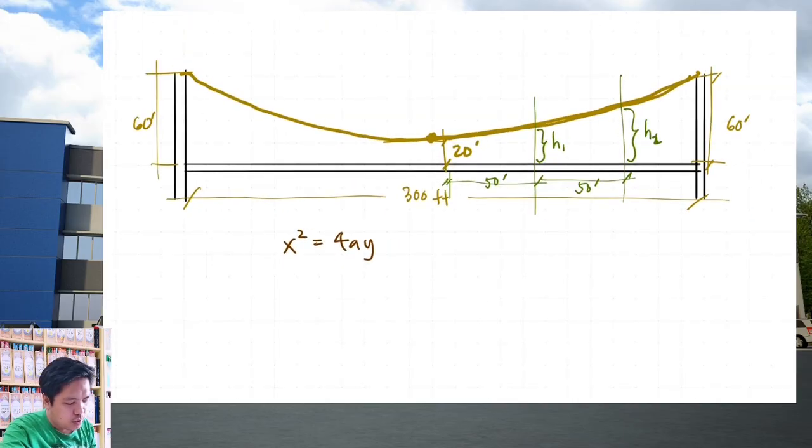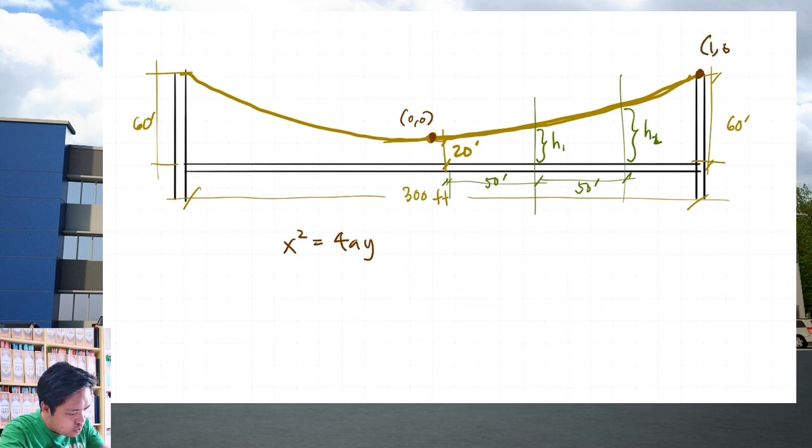So, how do we compute now the equation of the parabola? Siyempre, ang gagawin natin is let's locate the points. Okay, ito yung origin natin, di ba? This is our 0, 0. Now, if that is our 0, 0, the coordinate of this point would be ito, which is half of 300, so 150.